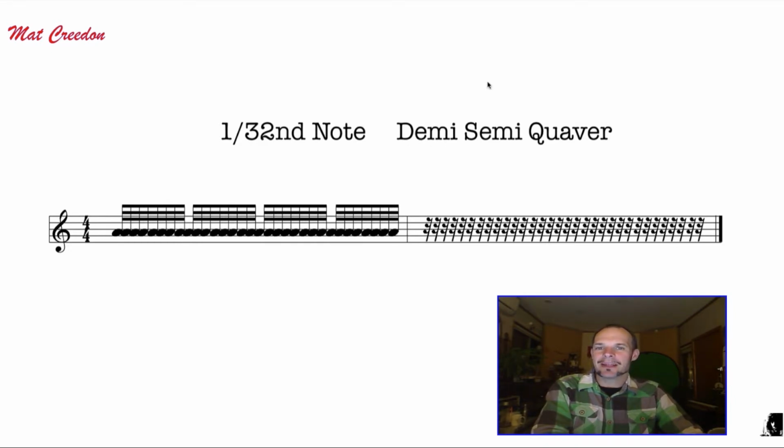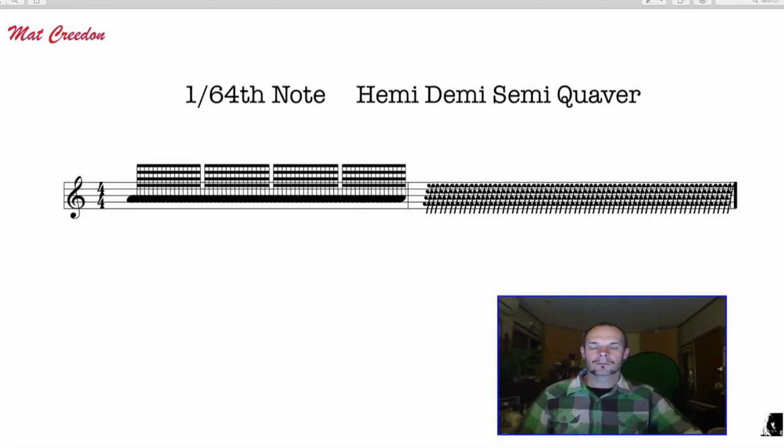Okay, so anyway, that should just be interesting, probably not very useful. Now, if you want the absolutely absurd, then we have 64th notes. That means that there are 64 notes in the bar, which is going to be twice as fast as 32nd notes, or twice as short.